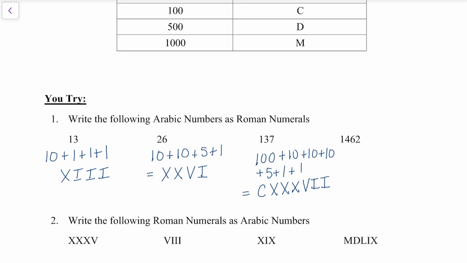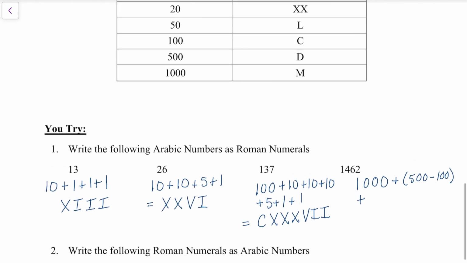Okay, and last one here, 1,462. Well, I can do 1,000. To get to 400, I can't do 100 plus 100 plus 100 plus 100 because that's 4 in a row. So that means I have to use the 500 minus 100 to get to our 400 plus 50.